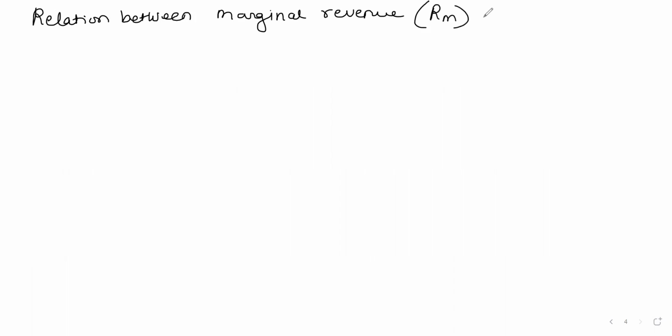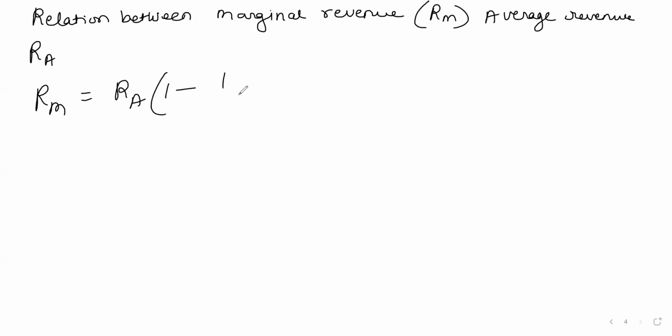Marginal revenue is RM and average revenue is RA. And the relation between marginal revenue and average revenue is marginal revenue is average revenue into 1 minus 1 upon elasticity. It's a very important concept.